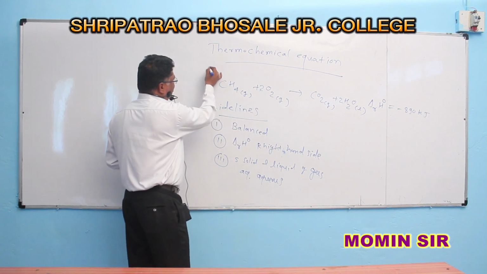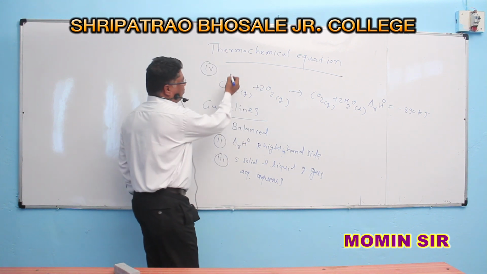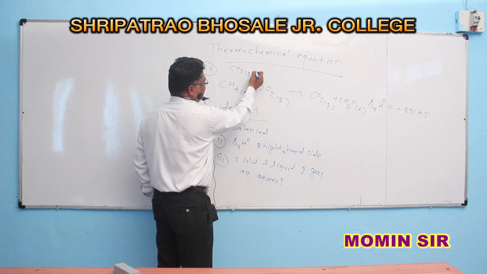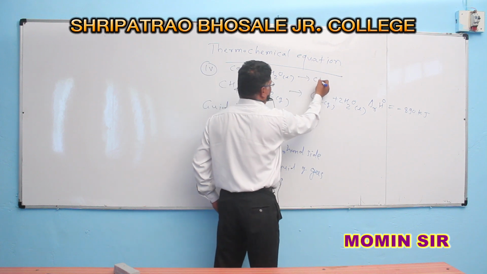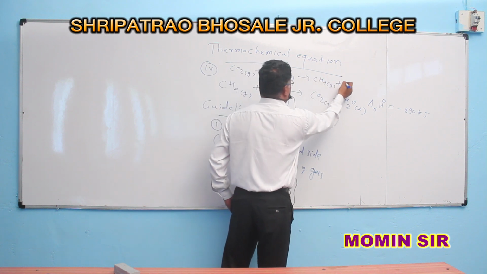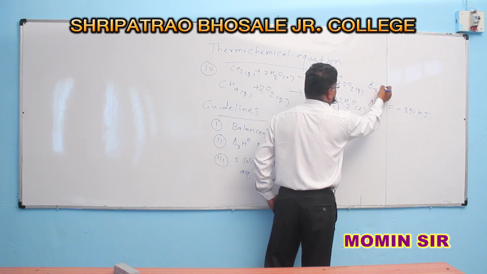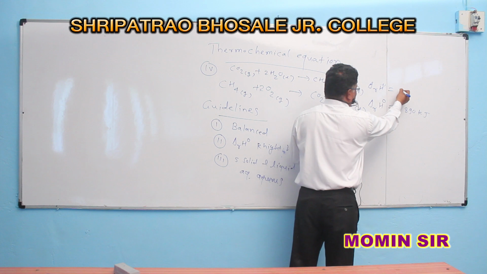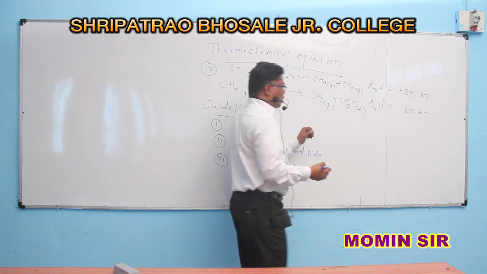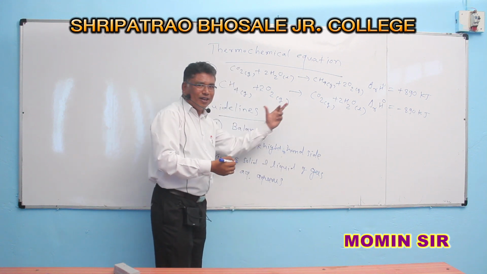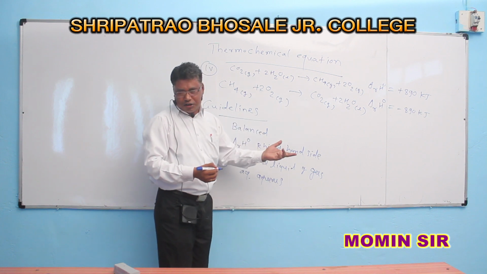The fourth important point is that whenever this equation is reversed, for example, CO2 gas plus 2H2O liquid gives CH4 gas plus 2O2 gas, the standard enthalpy change for this reaction is plus 890 kilojoule. So whenever the reaction is reversed, the sign of delta H is also reversed.